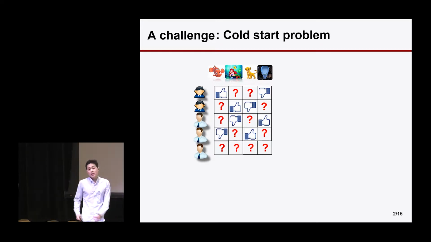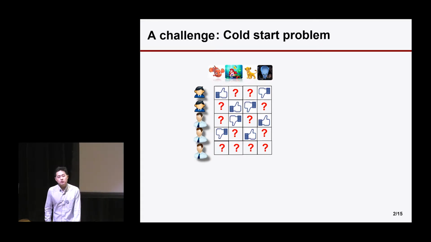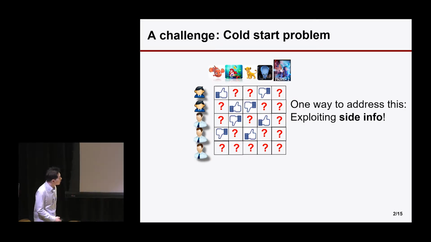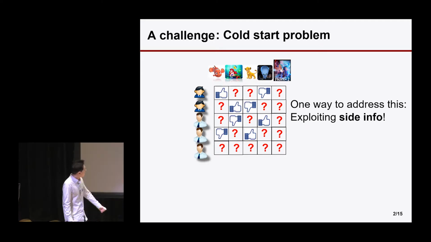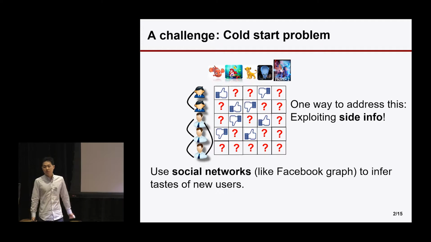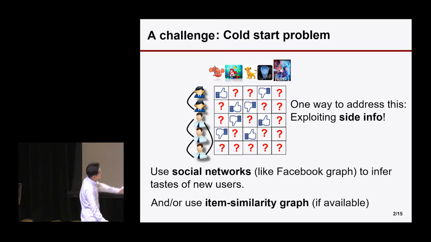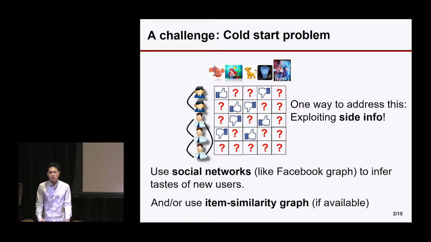One natural way to address this challenge is to use some other information, like side information. So for example, we may want to use a social network like the Facebook social graph to infer the taste of the new user, or we may want to use a so-called item similarity graph, which captures the similarity across items, if that is available, right?